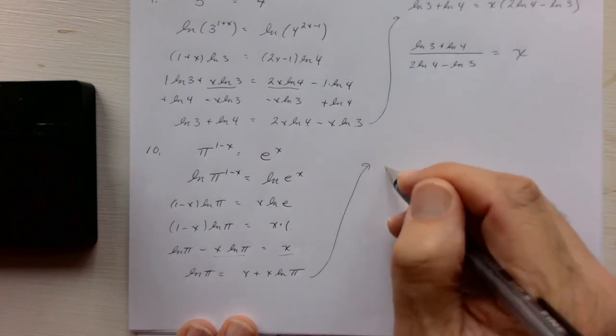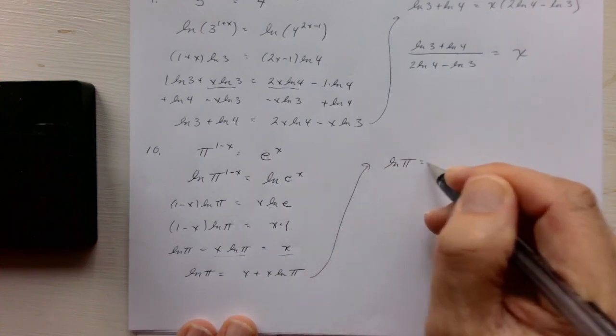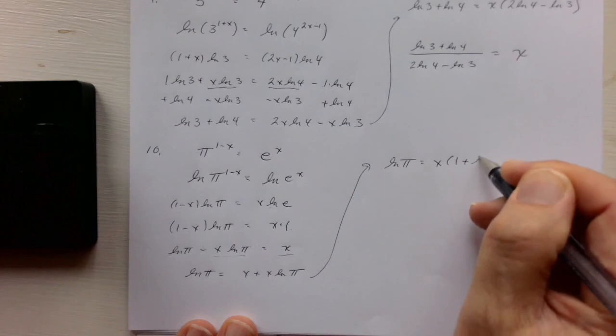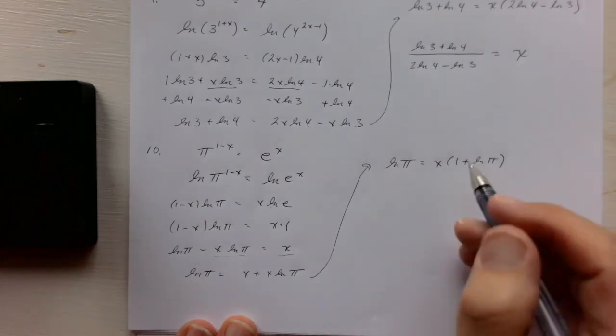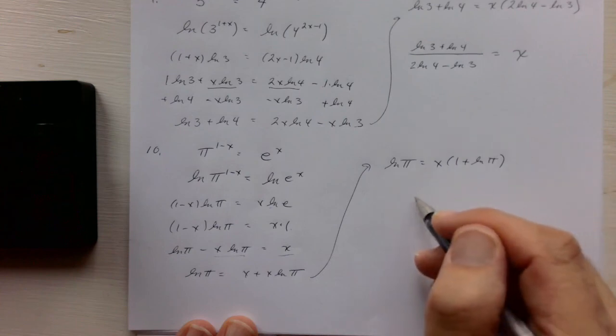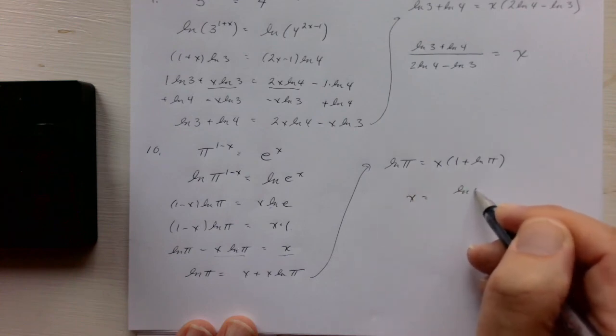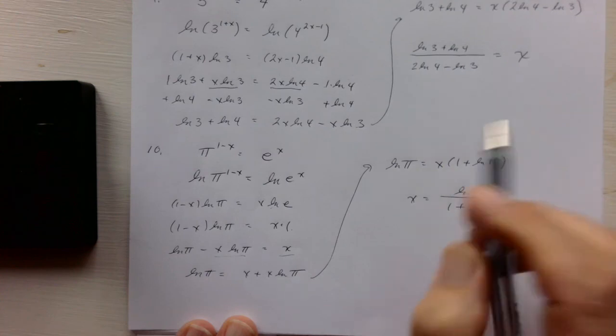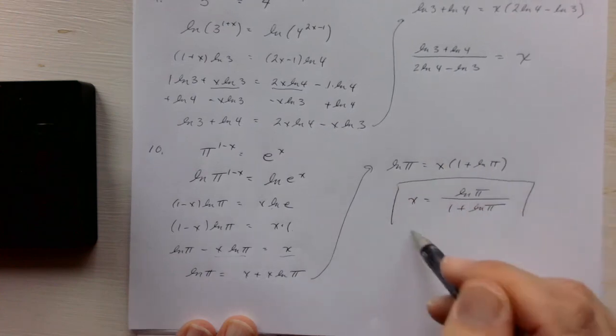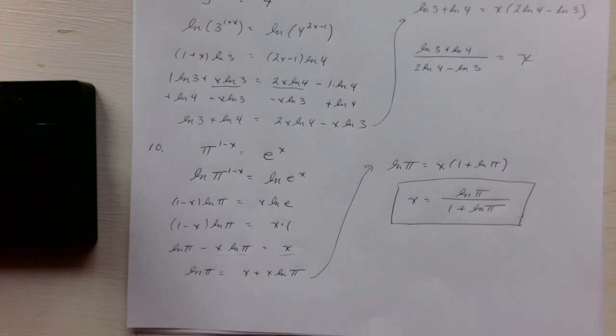And then log pi equals x times 1 plus log pi. And then divide both sides by 1 plus log pi, and x is going to be log pi over 1 plus log pi. And that should work. Again, don't worry about what log pi is. No need to take out a calculator. Just leave your answer like this.